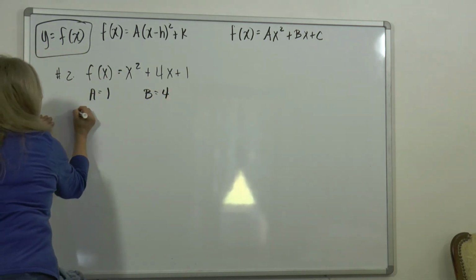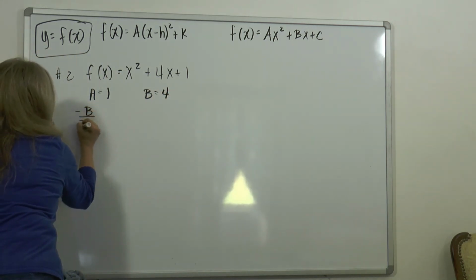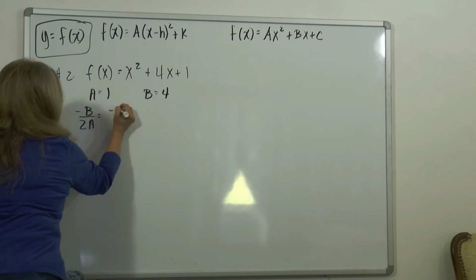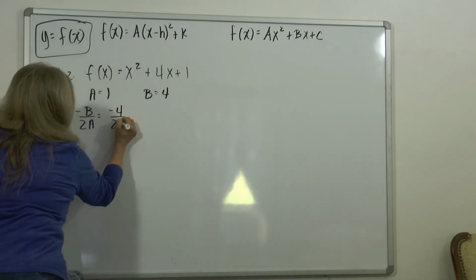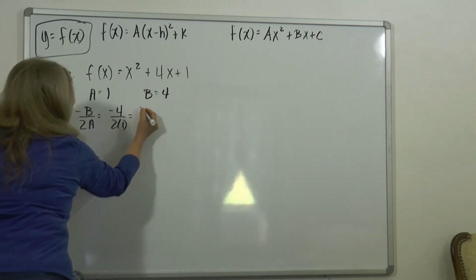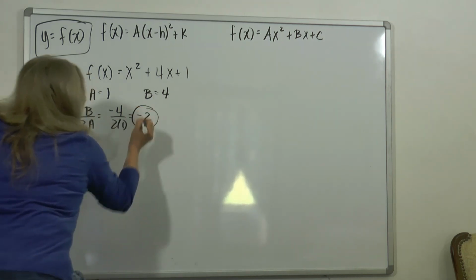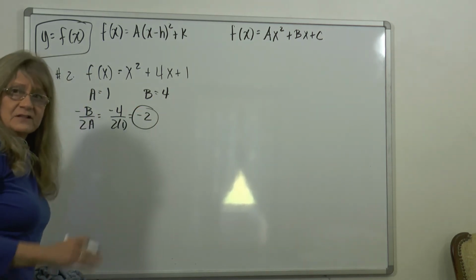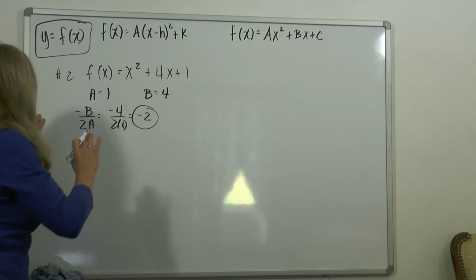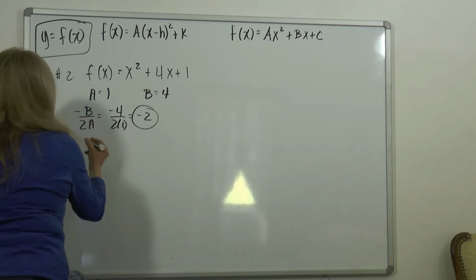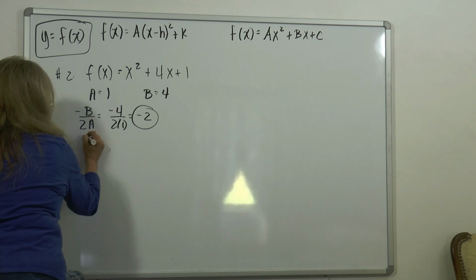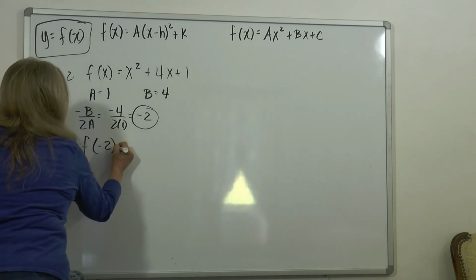My vertex formula is -b over 2A. So that's -4 over 2 times 1. So that's -4 over 2 is -2. Okay, so that gives us the x part of the vertex for this one. To get the y portion, you just put this value in the function. So we find f at -2.